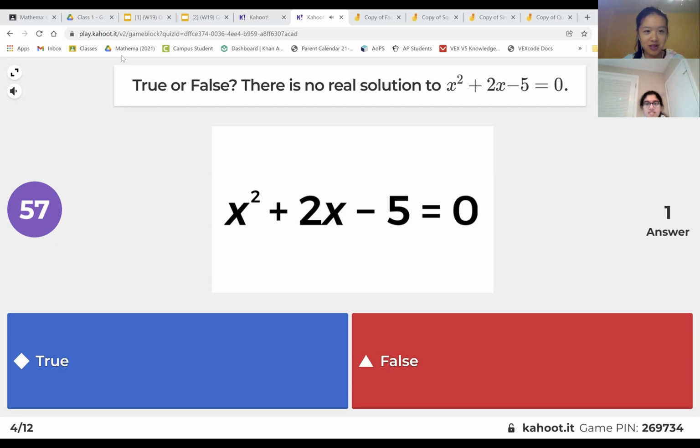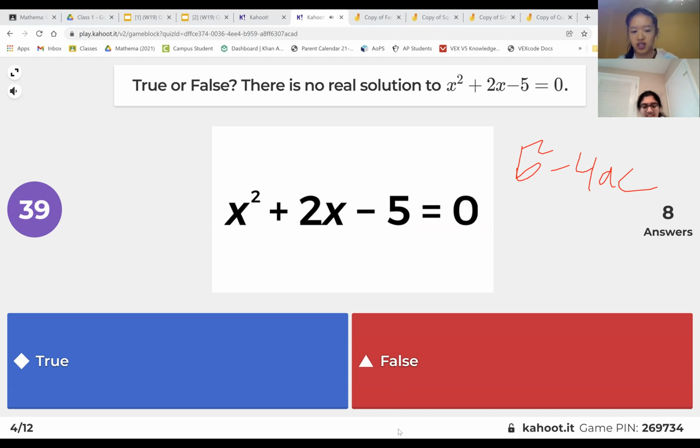True or false, there's no real solution to that. Hint, hint, use the discriminant to discriminate if there's a solution or not. Oh, is there something called the determinant? Yeah, the determinant is in a matrix.